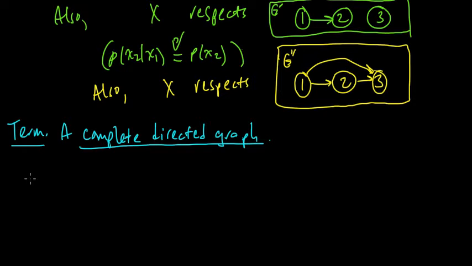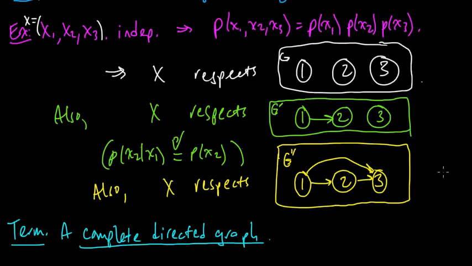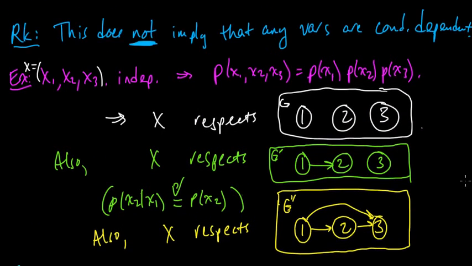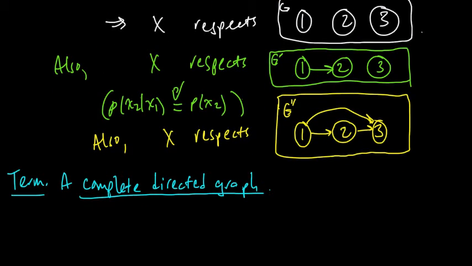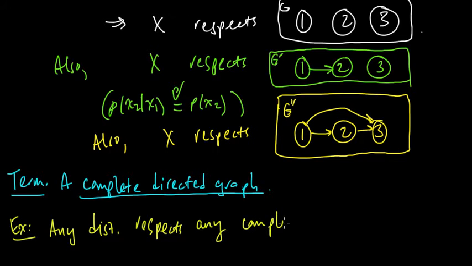And continuing along the lines of this remark, a little more general example, similar to this yellow one here: any distribution on n variables respects any complete directed acyclic graph.